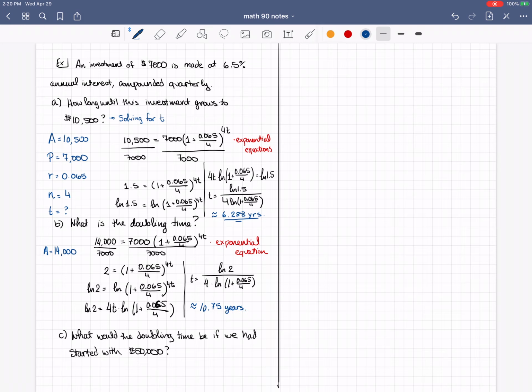So I want you to notice that it took 6.3 years to get halfway to doubling, and then to get from halfway double to all the way double, it took like 4.5 more years. So you can see the rate of increase for the second half of the doubling was actually much higher than the rate of increase for the first half.